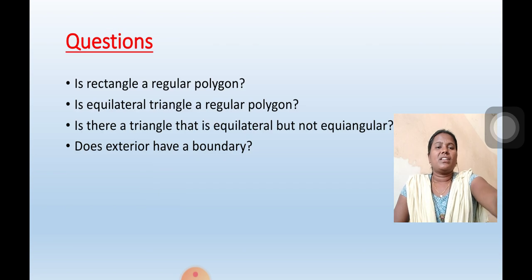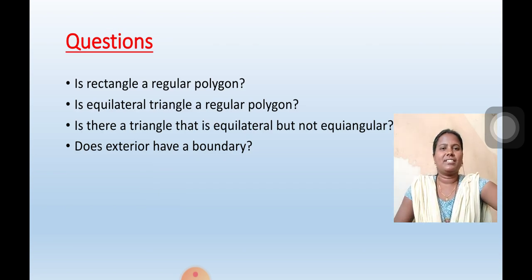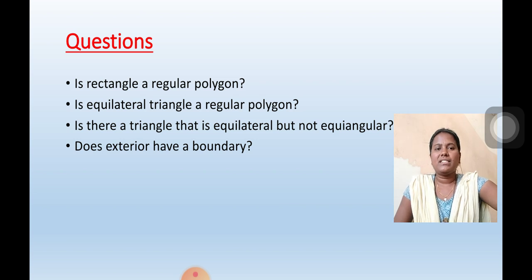Okay, so here are the questions for you based on what I told till now. Is a rectangle a regular polygon? Yes. Is a rectangle a regular polygon? The next one. Is an equilateral triangle a regular polygon? Third one.